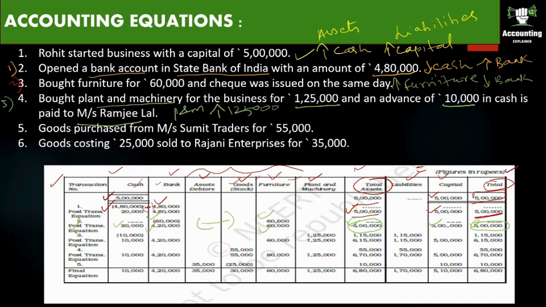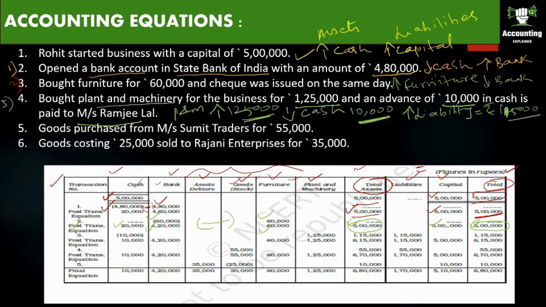Your cash will get reduced by 10,000 and the difference is there. Now how much is the difference? 1,25,000 minus 10,000, 1,15,000 is what you owe. That is your liability. So liability is going to be increased by rupees 1,15,000. That is 1,25,000 minus 10,000.